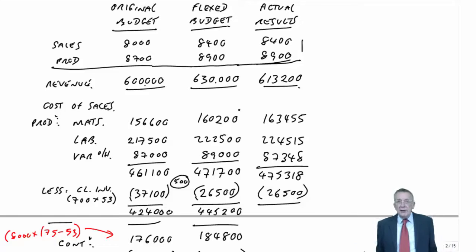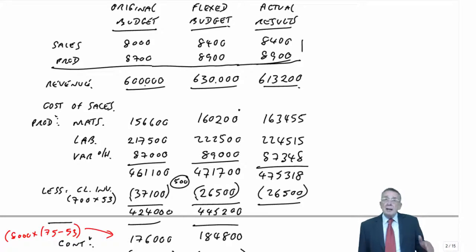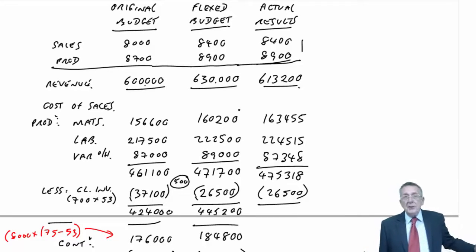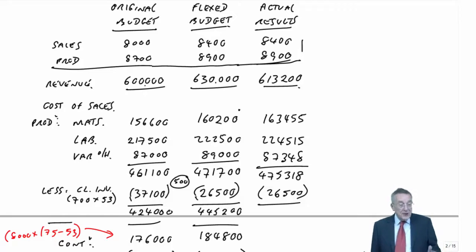Well, we don't keep changing the inventory value every month. Spend more, inventory value at a higher cost, next month value at the lower cost, is all going to be a bit silly. So although you can change the standard cost in practice, in our exercises, each month we continue to value inventory at the standard cost of, in this case, 53.